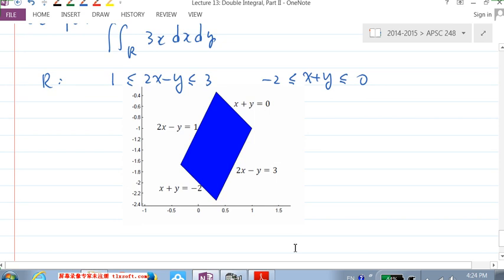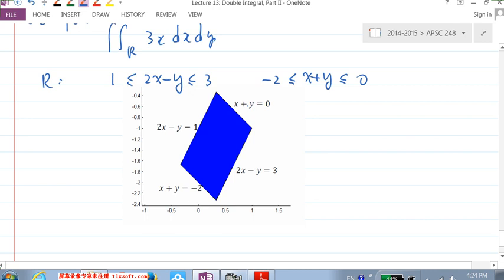As we learned, when we do a double integral using xy coordinates, the first step is to determine the order of integration.